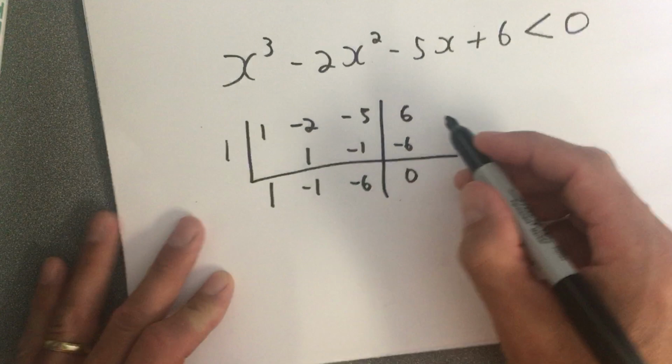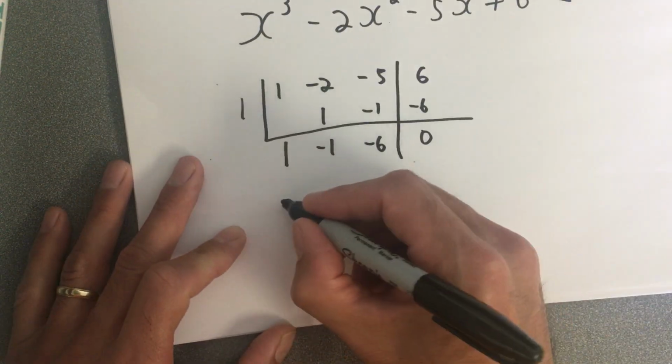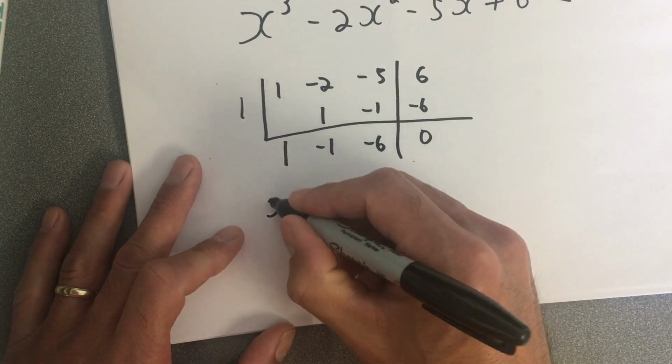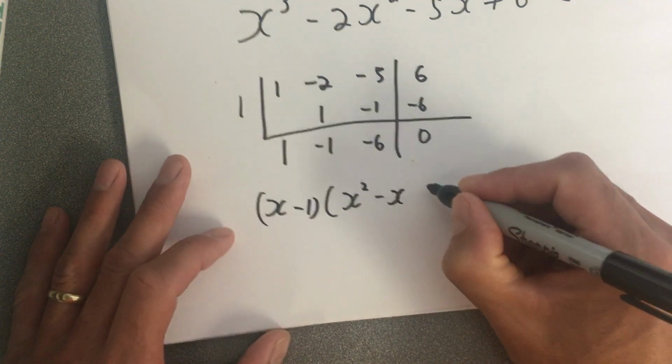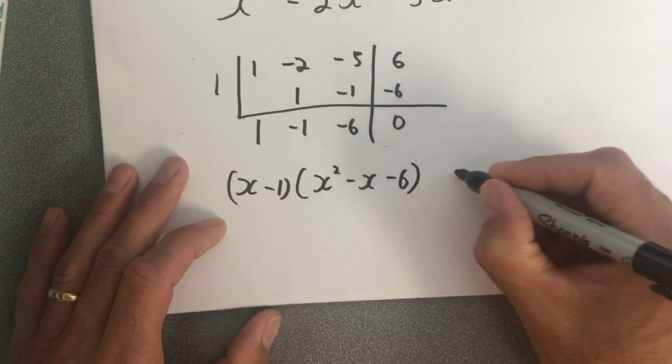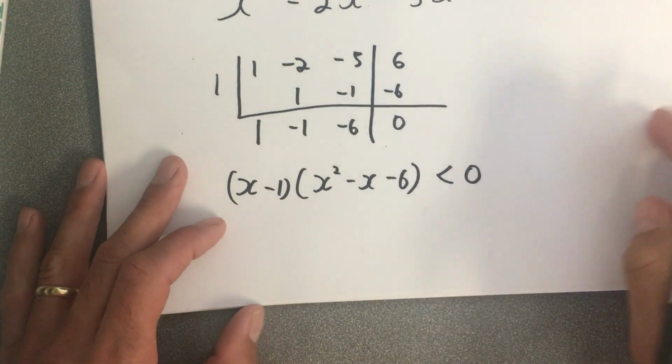And so what that means is when I divide this, I get x minus 1 times x squared minus x minus 6. And all of that is less than 0.